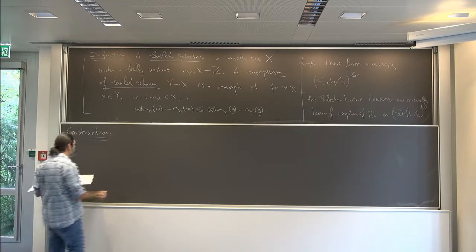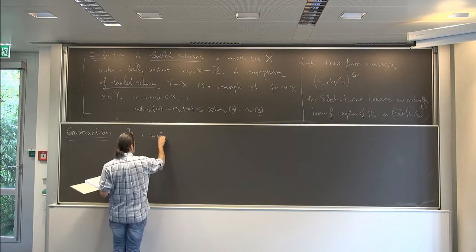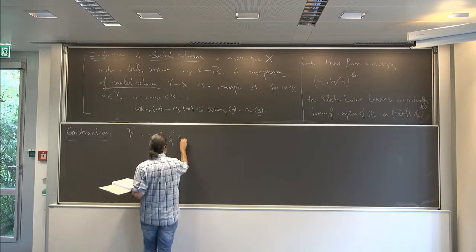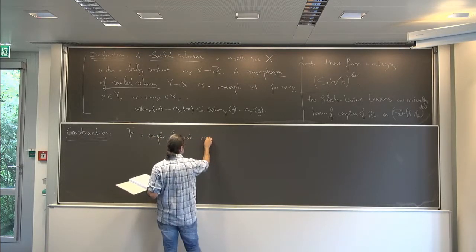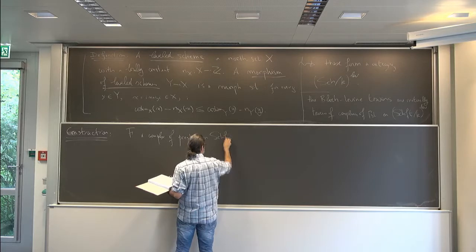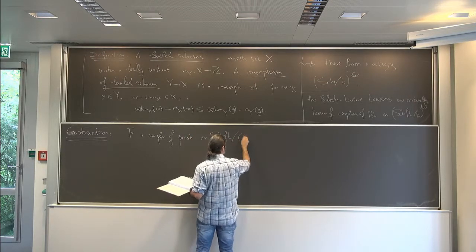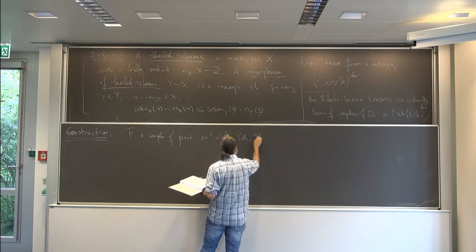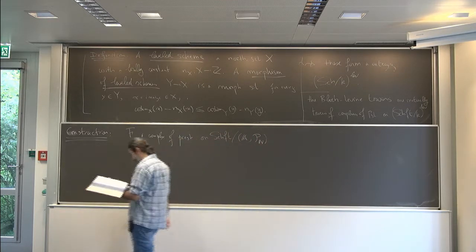So what we do is we start with F, a complex of presheaves on finite type schemes over a diagram A_P^n.